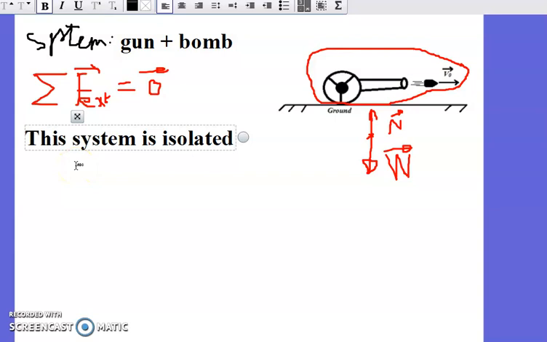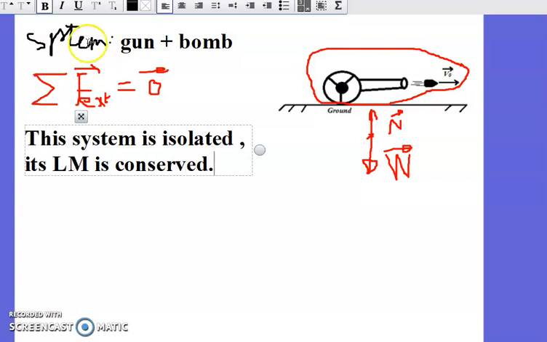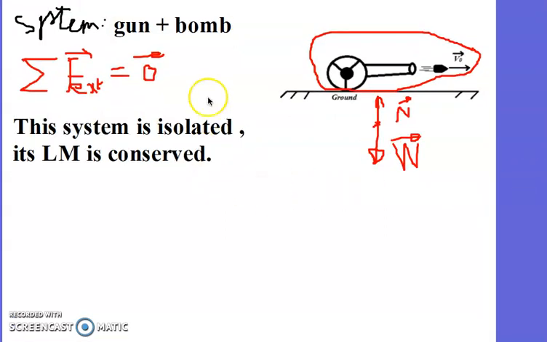What does this mean? It means its linear momentum is conserved. Is that true? Let me write it like this. Linear momentum is conserved. What does this mean?